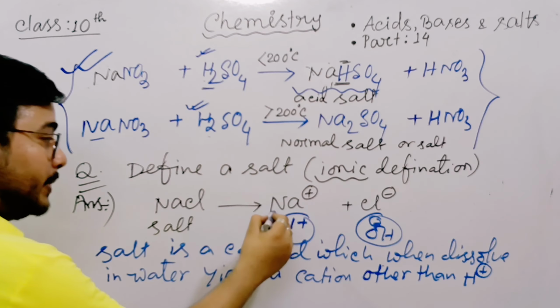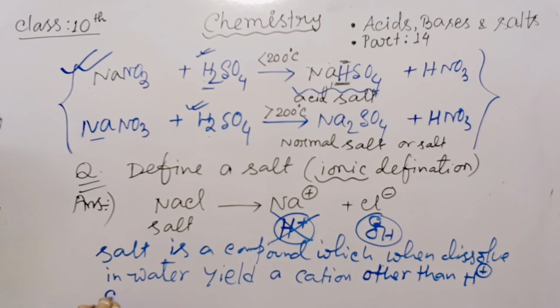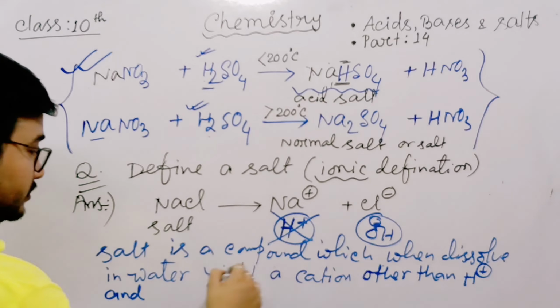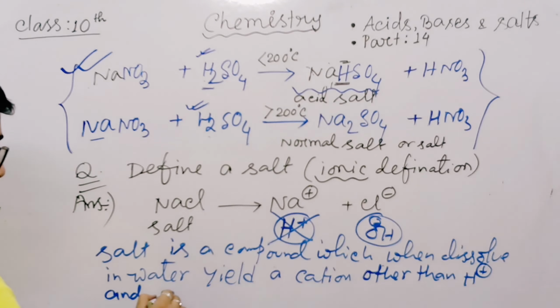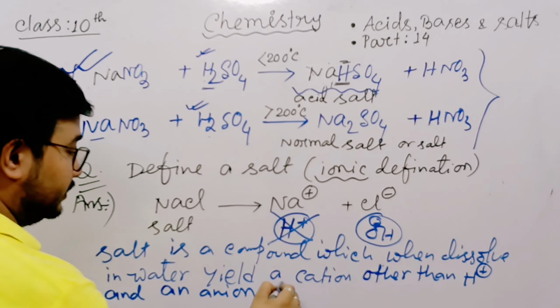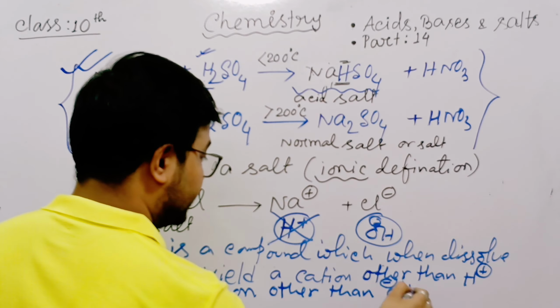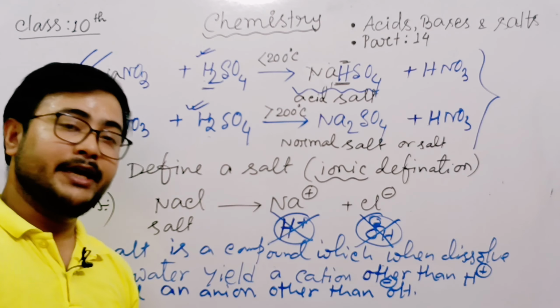Any cation can form but not H plus. Other than H plus and an anion other than OH minus. Keeping in your mind. So any cation, any anion can form.